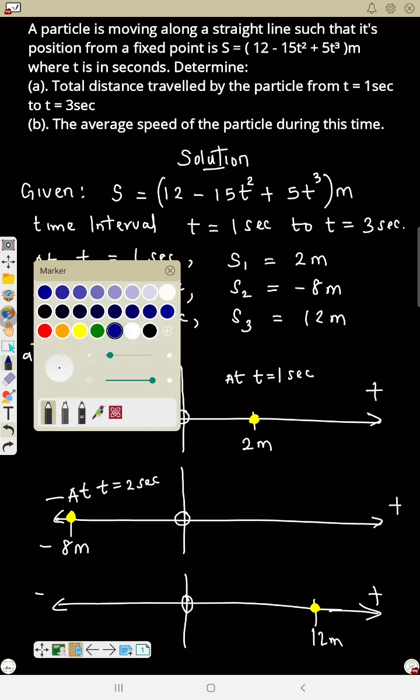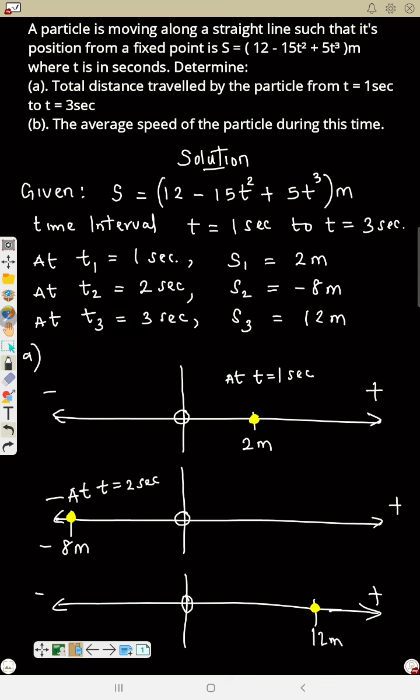Now let's take the first part, total distance travel. Now note this point on distance. Note that distance can never decrease. Distance always increases. And for a moving particle, distance cannot be zero. Take notes.